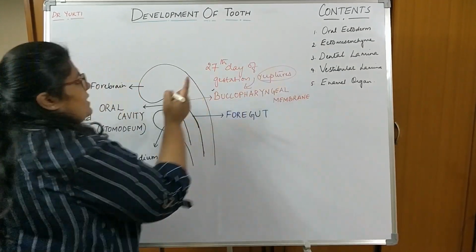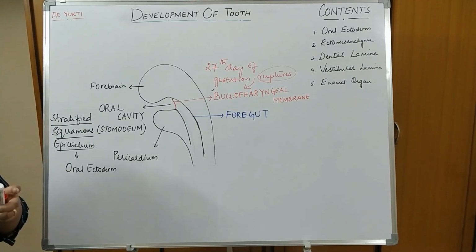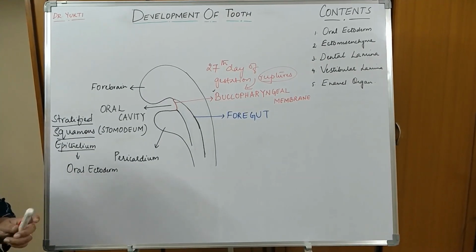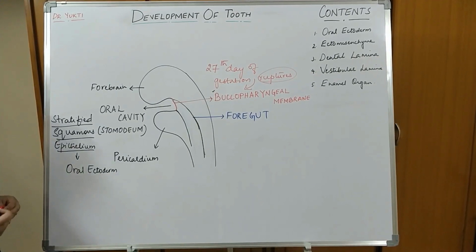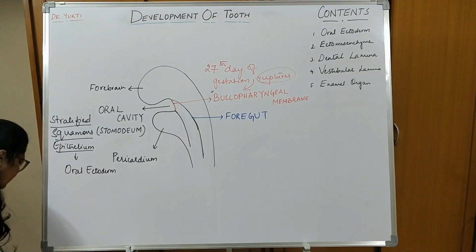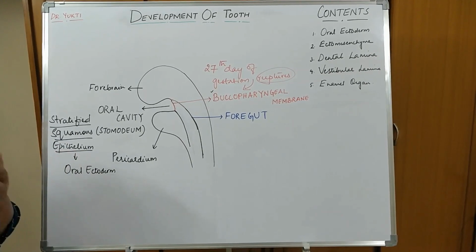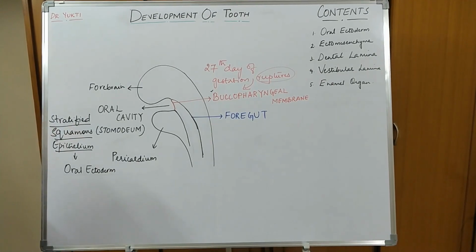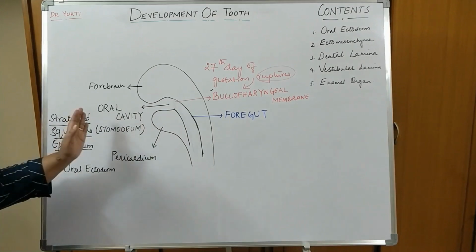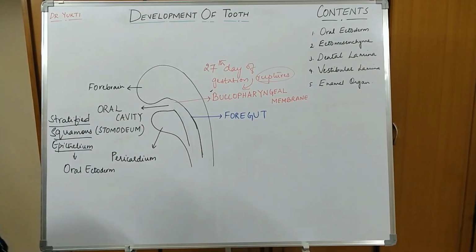Now, this is very important because the rupturing of the buccopharyngeal membrane is an important event in the development of tooth. Okay, so that is why it is stressed upon. So, this is the importance of buccopharyngeal membrane and its rupture. So, once it ruptures, what happens? Oral cavity establishes connection with the foregut, like it should be.